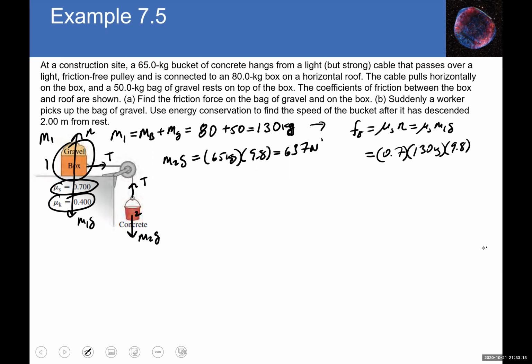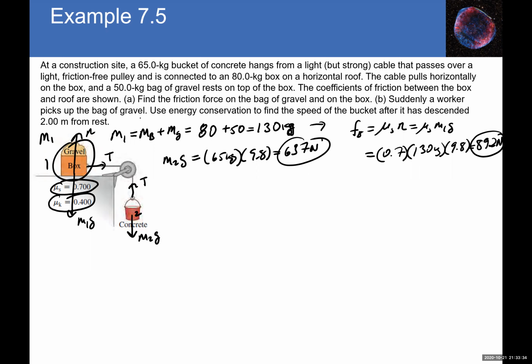And here's what I get: 892 newtons, way stronger than the weight of the bucket, which means the system is at rest. It won't move. At this instant, with the box and the gravel together, the system just sits there at rest.